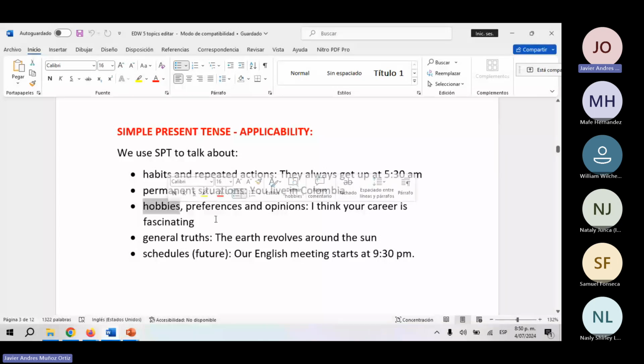Okay, let's continue. Hobbies, preferences, and opinions. When you have a hobby, the hobby is something almost permanent. In fact, habits and repeated actions are permanent things. Hobbies are almost permanent things, because if your hobby on Saturday afternoons is always to go to the stadium and see the soccer match of your favorite team, the green one, the blue one, the red one, whatever you like, in basketball, soccer, tennis, whatever.